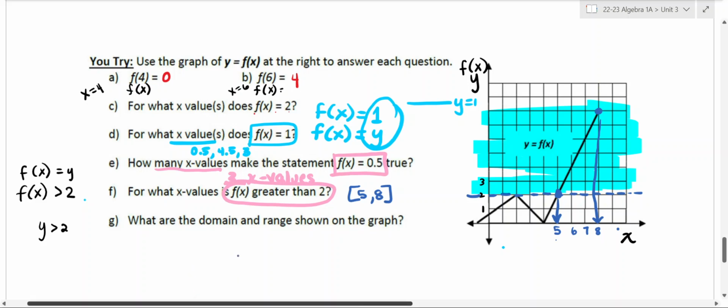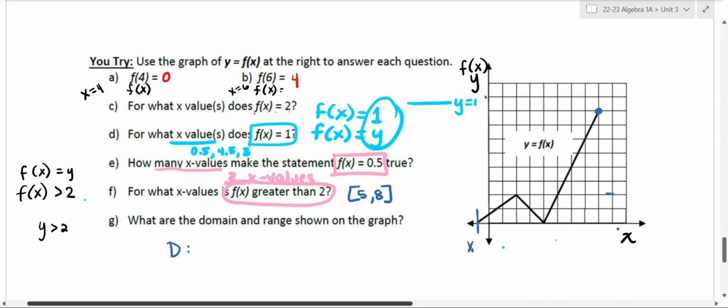All right, what are the domain and range of these functions? Well, the domain is going to start here. This is so weird because they didn't put the numbers in. So we need to interpret this ourselves. And you see how this starts over here? So we're going to assume that that's x equals -1. And the last x is going to be here.